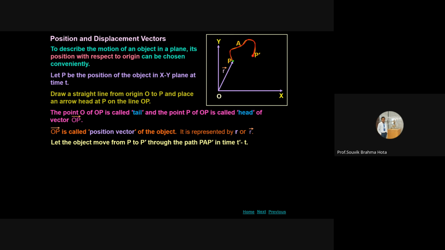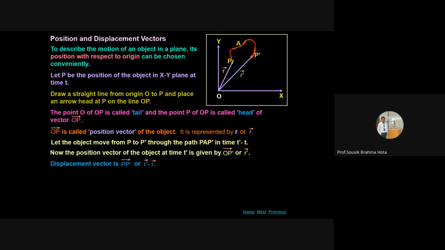Now what you should do is join OP dash and name it as R dash vector.